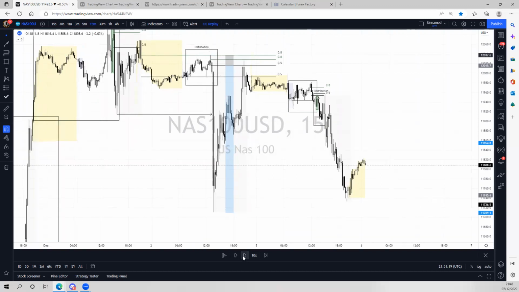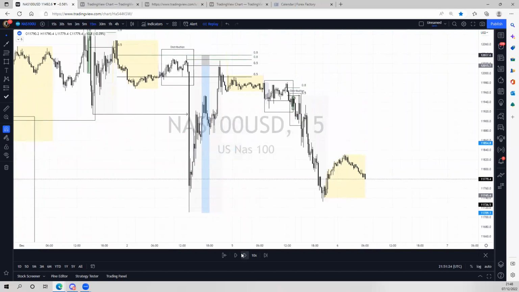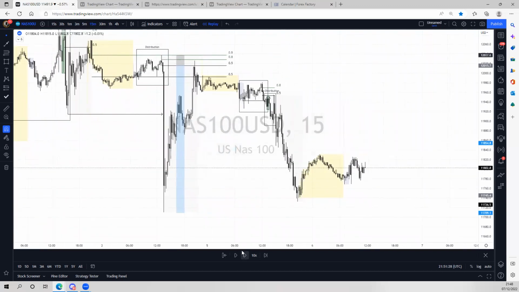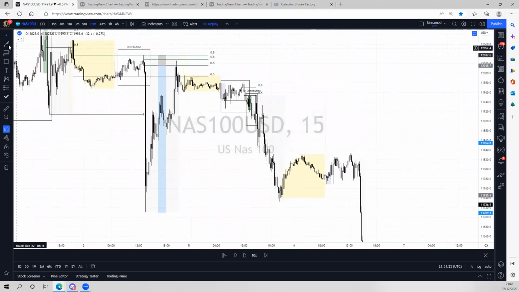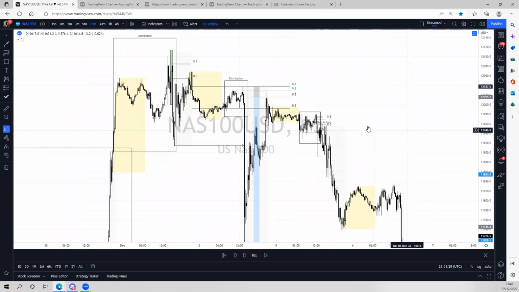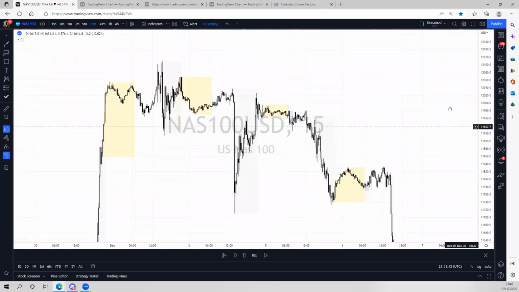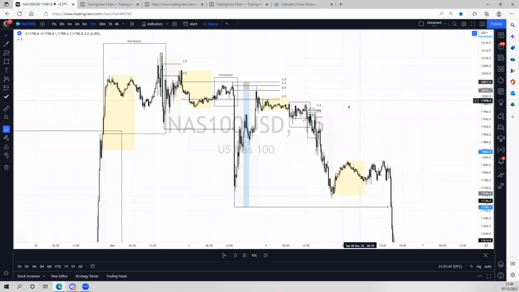See if we can close it in profit. We're going to get the break. There you go. So, a nice win. That's the price action. That's the markings.